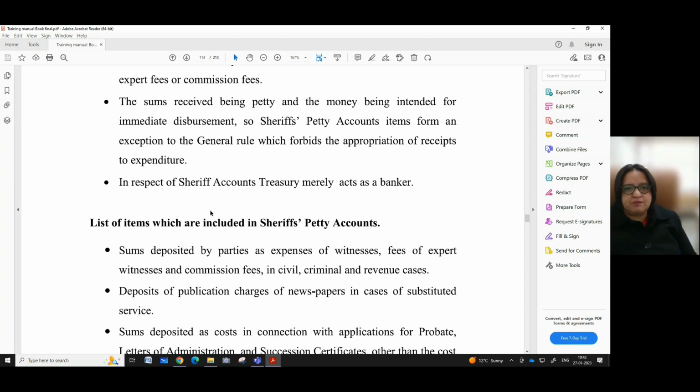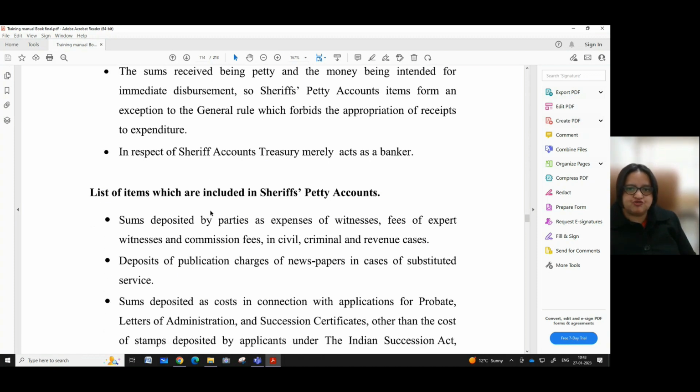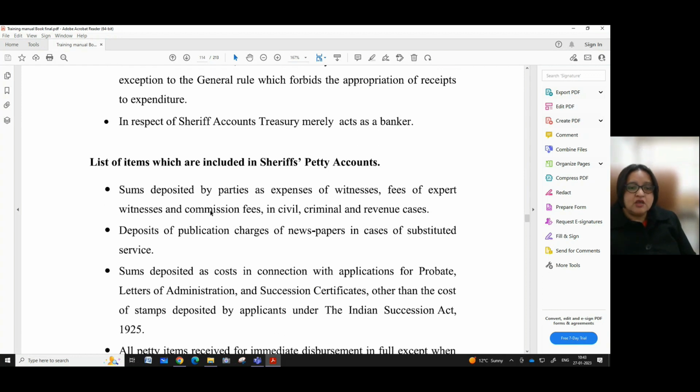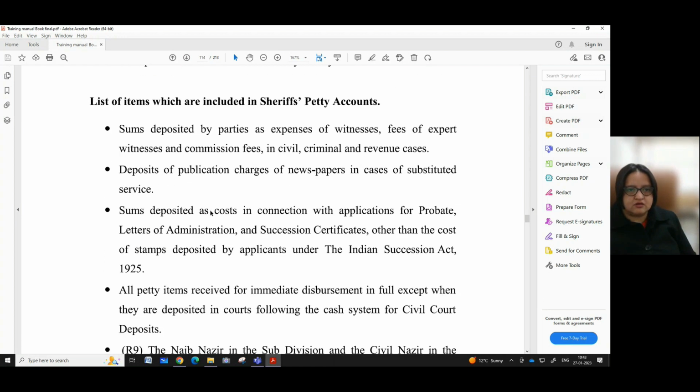The sums received being petty and the money being intended for immediate disbursement, sheriff petty account items form an exception to the general rule which forbids the appropriation of receipts to expenditure. In respect of sheriff accounts, Treasury merely acts as a banker.